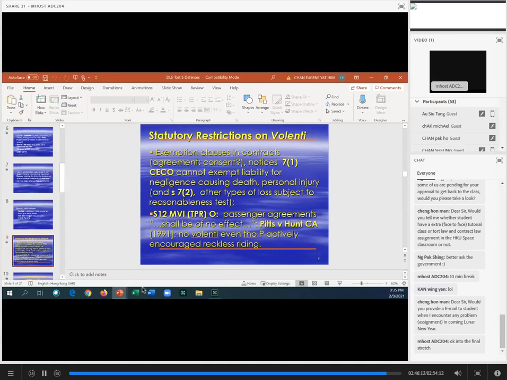However, Section 7 sub 2, remember, does say you can exempt liability for negligence causing other damage, providing it is reasonable. So first bullet point, good revision. Remember, contract law. And remember, this is another example of overlap between contract law and tort law.